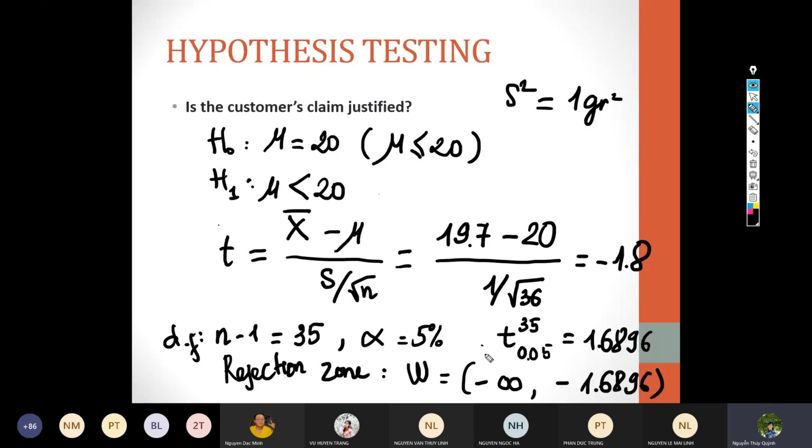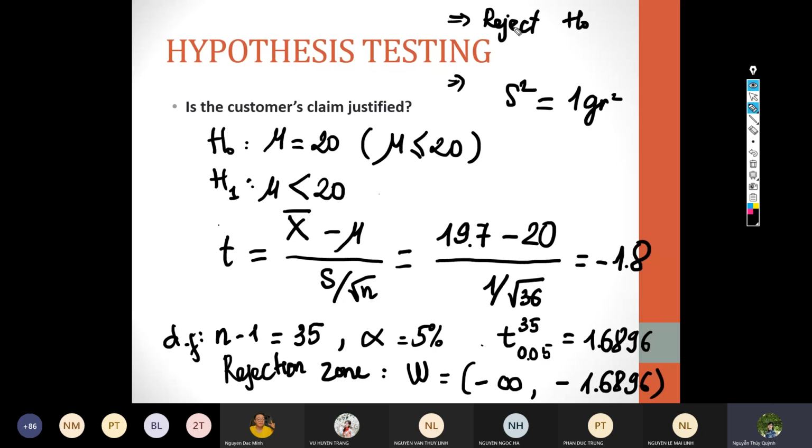Obviously, in this case, the observed value of t is minus 1.8, and this falls into the rejection zone, and that's why we can reject H0.